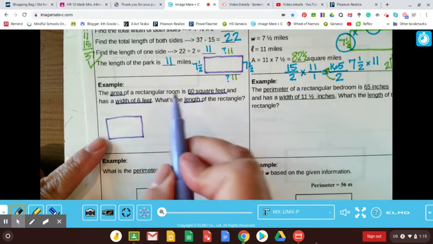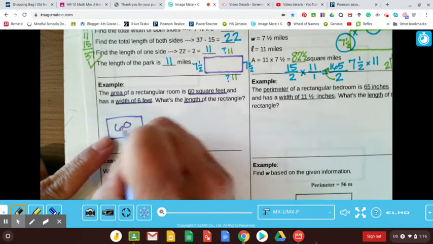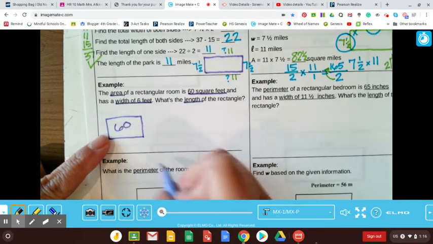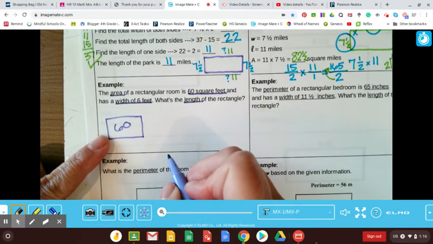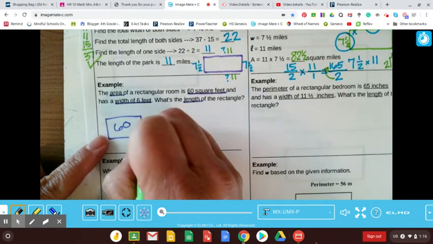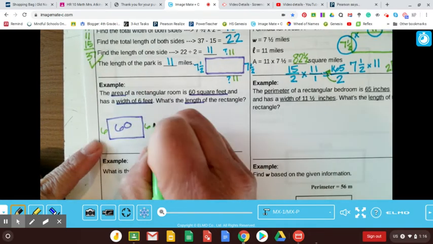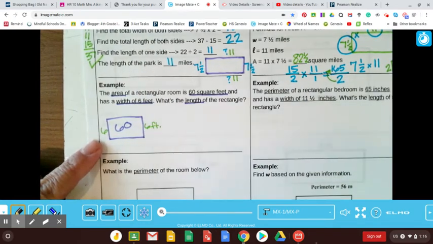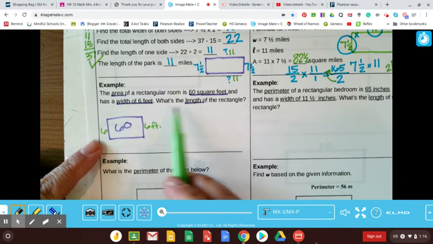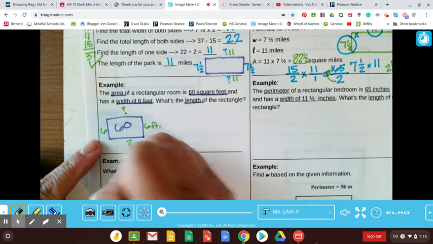They're telling me that the area is 60 square feet. That means that the area, the inside, equals 60. All right. We also know that it has a width of 6 feet. So we know that this is 6, and if this side is 6, then the other side is 6. The feet there. Okay. And they're asking us, what is the length? So we are solving for these two question marks right here, right?